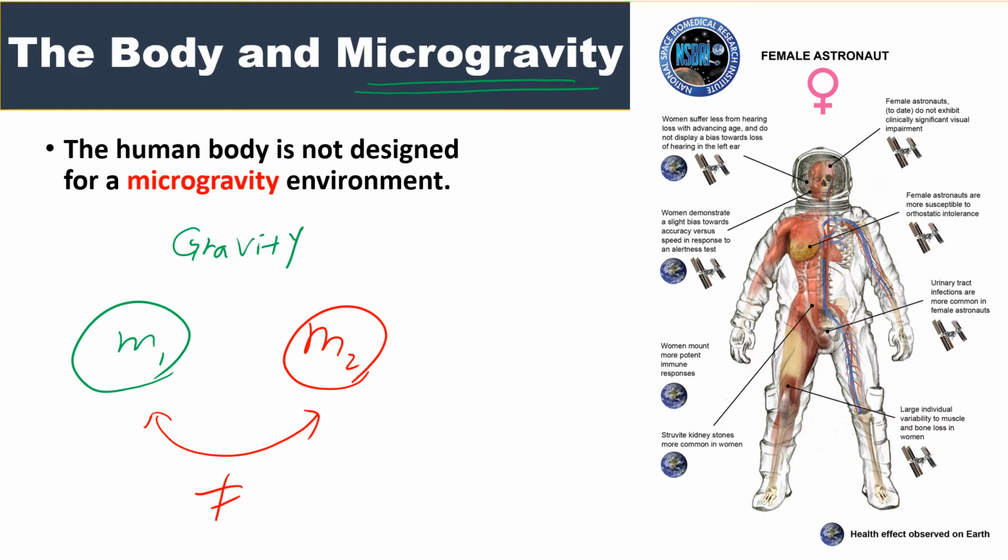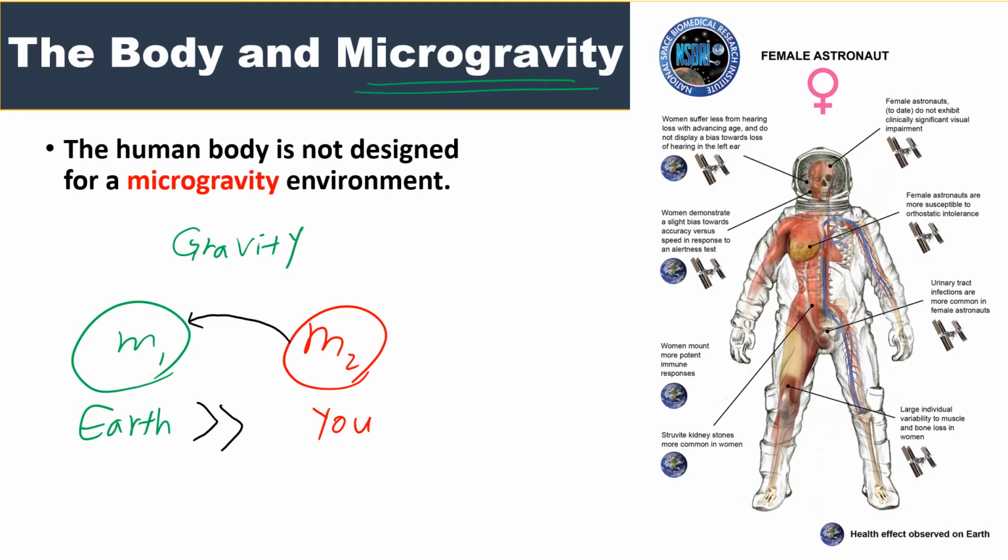If you think about the planetary level, let's say the first mass is Earth, and the second mass is you. We know that Earth's mass is way more than your weight. So gravitational force is always going toward the object that has more mass.